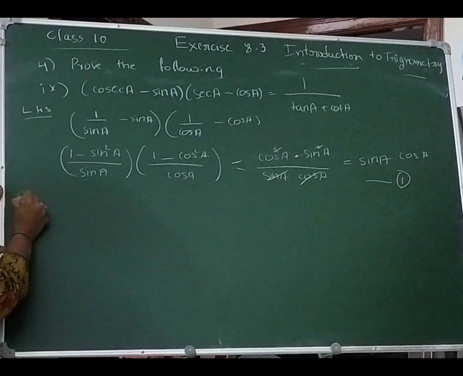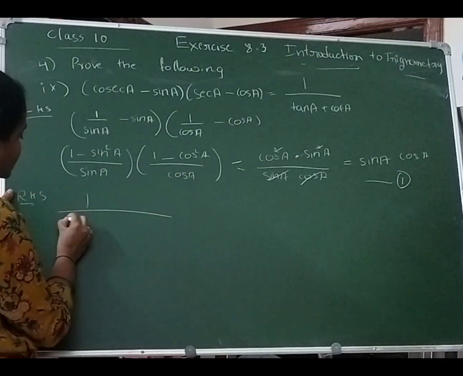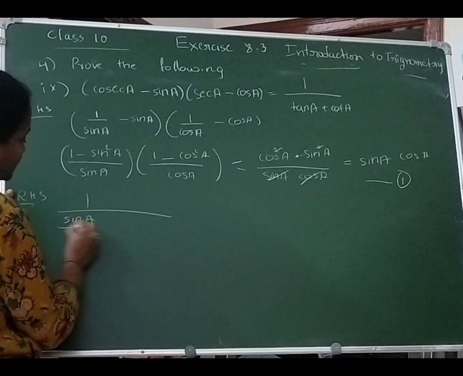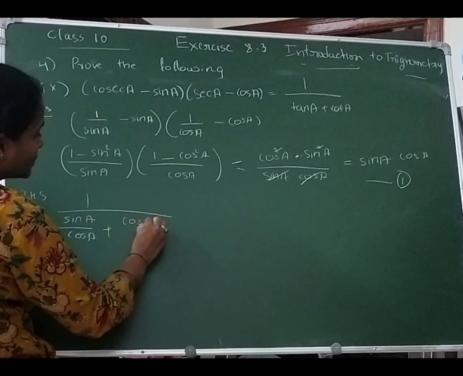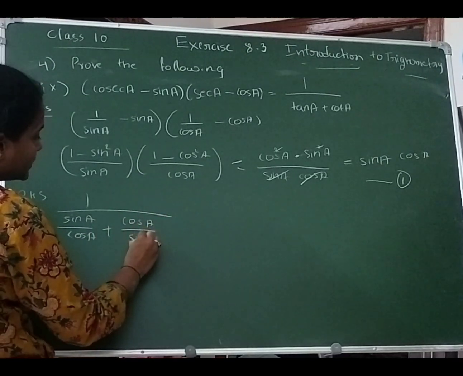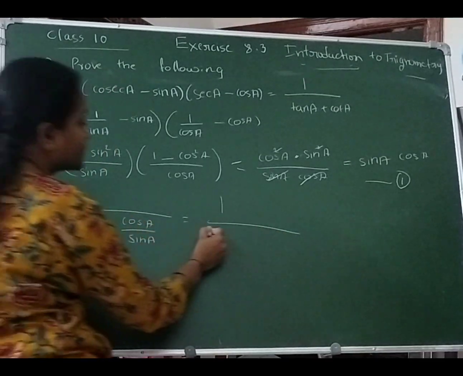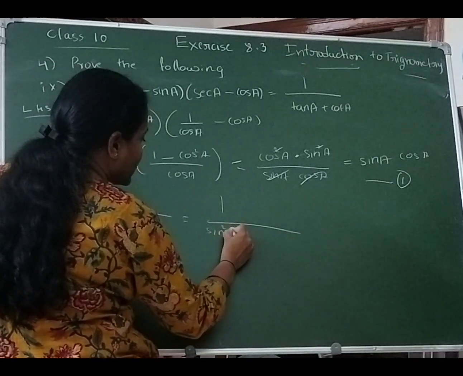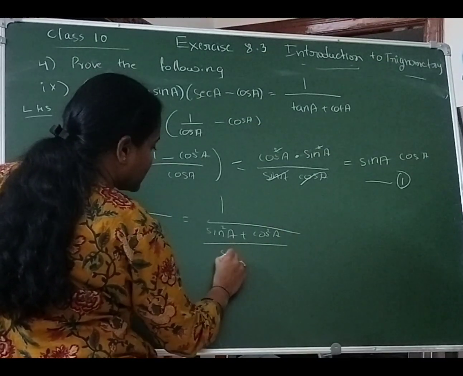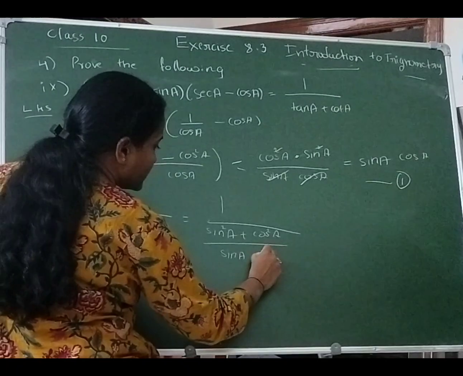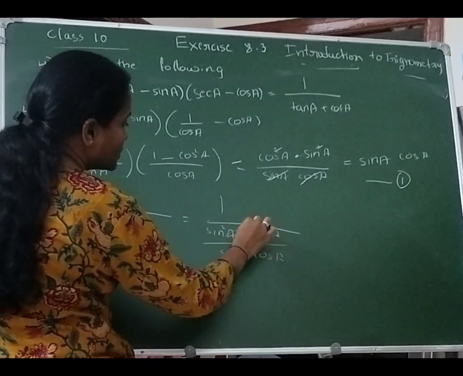So next we'll move to the RHS. So we'll write in the simplified form. So tan A is sin A by cos A plus cot A is cos A by sin A. Right? So next we have to take the LCM in the denominator. So it will become 1 divided by (sin square A plus cos square A) divided by sin A into cos A. So what is sin square A plus cos square A? 1.